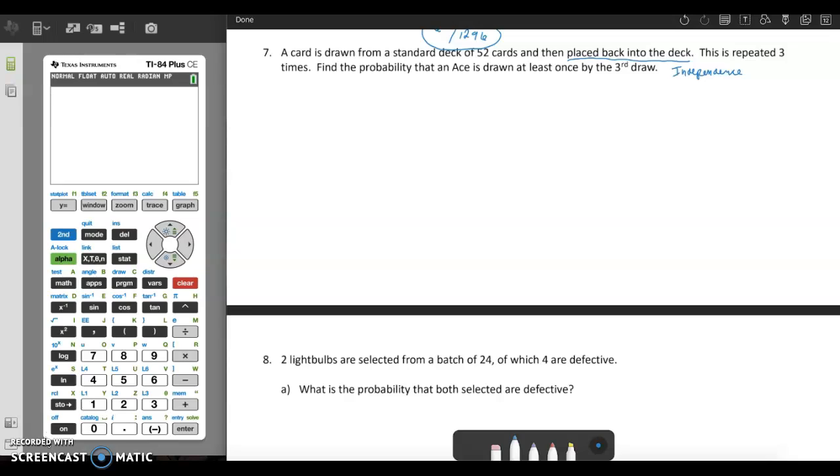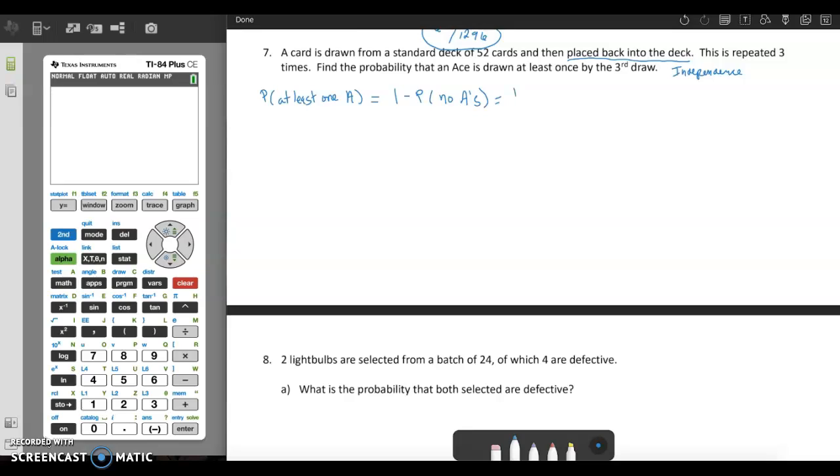So we are looking for the probability of at least one ace. And we know from our at least one probability rule that to calculate this, we do 1 minus the probability of no aces.